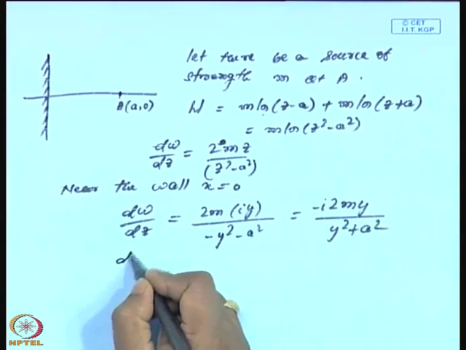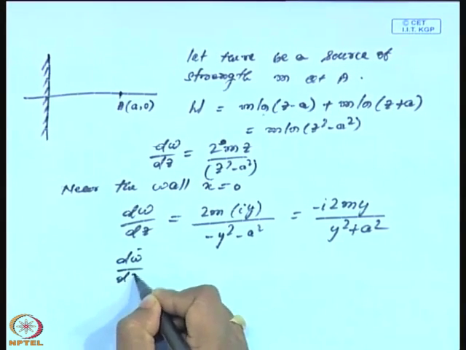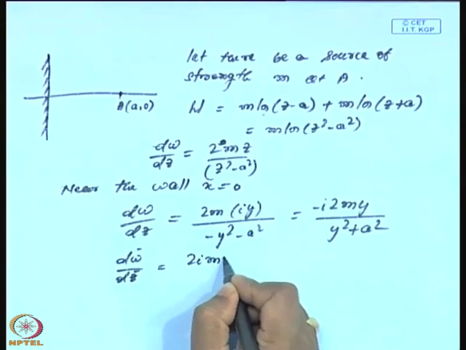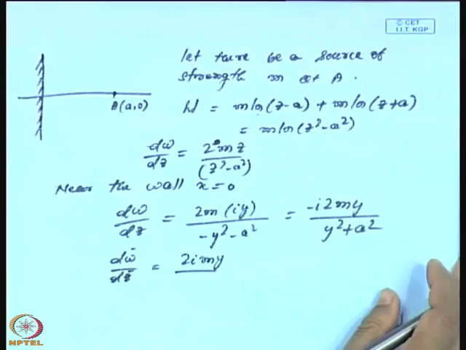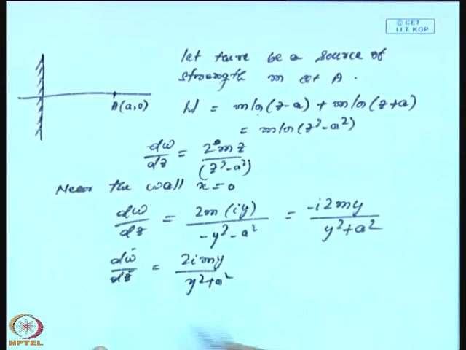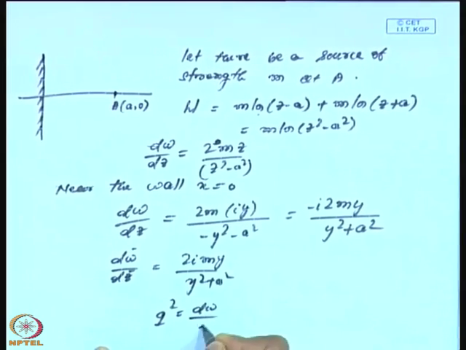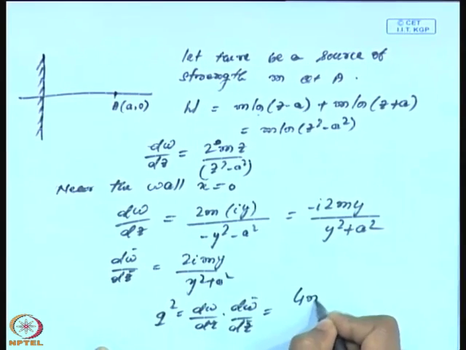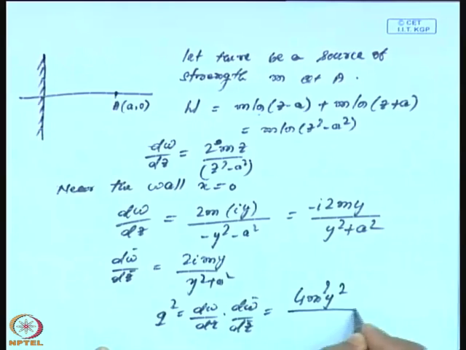And again, if you look at dw bar by dz bar, we will get 2my by y square plus a square. From this I can get q square, which is dw by dz into dw bar by dz bar, and that gives me 4m square y square by y square plus a square, whole square.